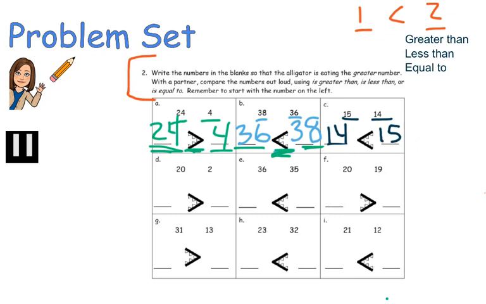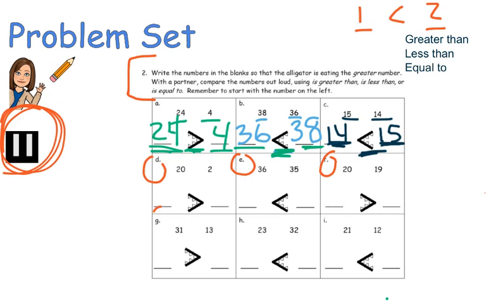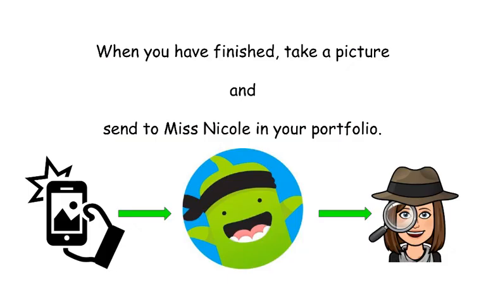So we have 14 is less than 15. Okay. Now you can pause your video and do D, E, F, G, H, and I. When you have finished, please take a picture and send to Miss Nicole in your portfolio so I can read them.